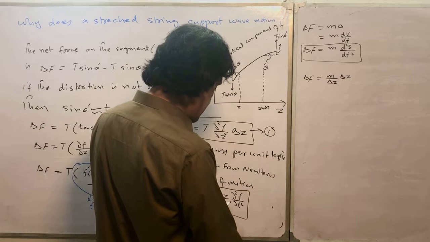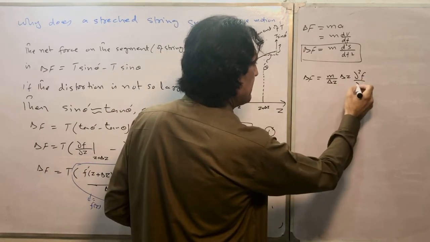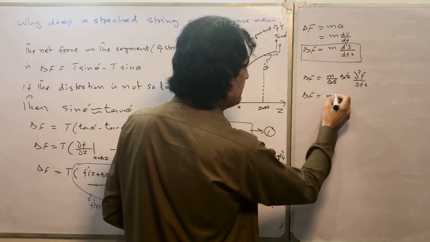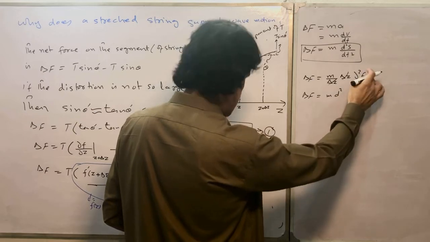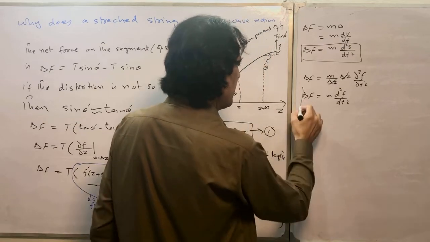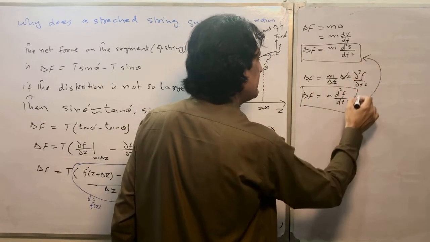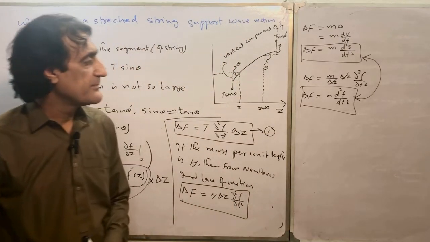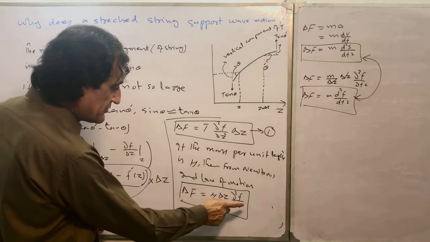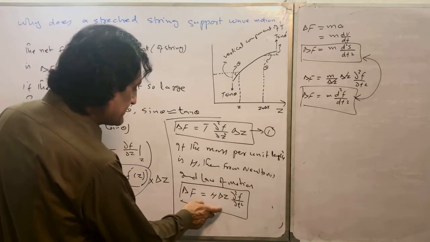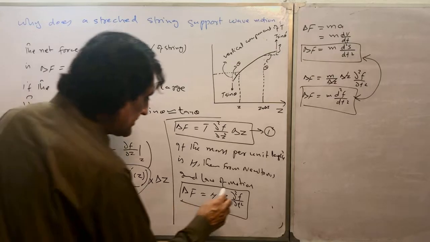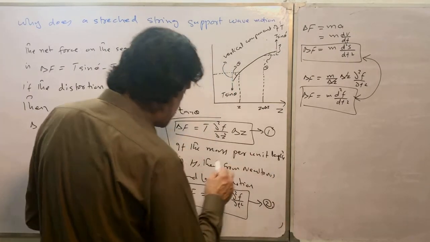In this equation, partial square f divided by partial t square, this will cancel with this, then this delta f is equal to m d square f divided by dt square, where f is any function. Now this and this look the same. So it means that delta f, which is equal to mu delta z partial square f divided by partial t square, is Newton's second law. And now I label this with equation number 2.